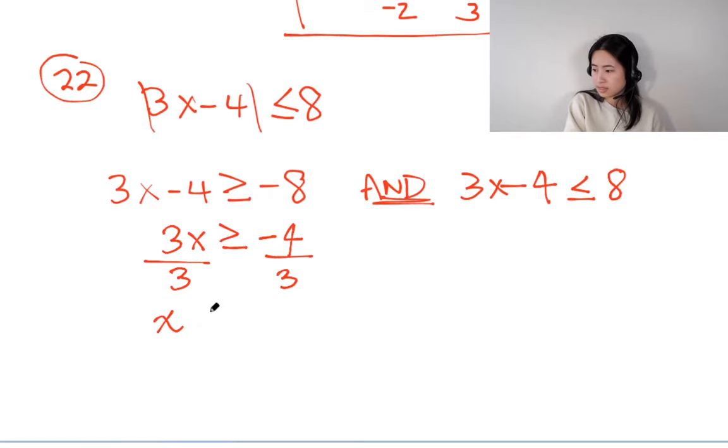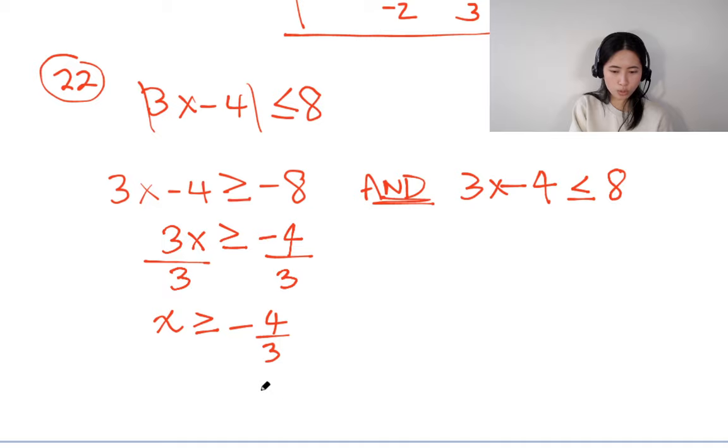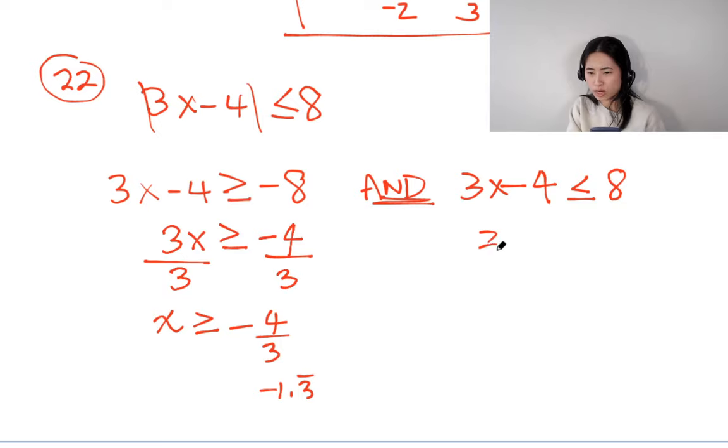So this is x greater than or equal to -4/3, which is about -1.33. I just wanted to know where to graph this. This is repeating.